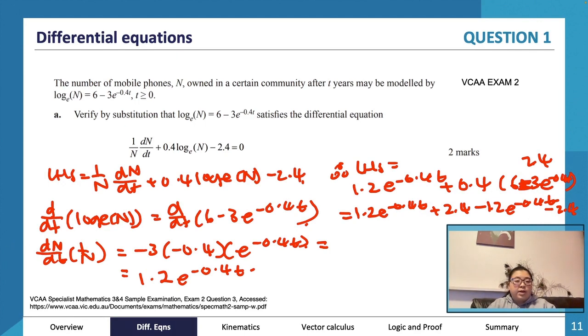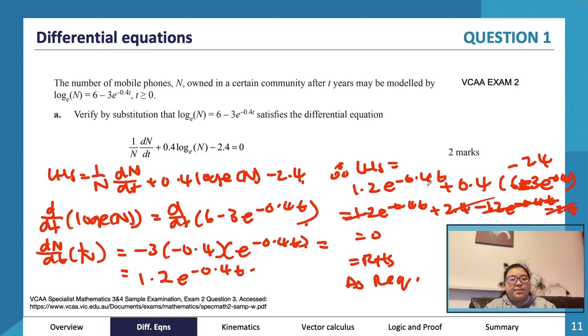So in the end we'll see that the 2.4 cancels out with the minus 2.4, and the 1.2 will cancel out with the 1.2, so that will just give us 0, which will give us the right hand side as required. Cool, so we can see how that all correlates together to give us the answer we need. Amazing.